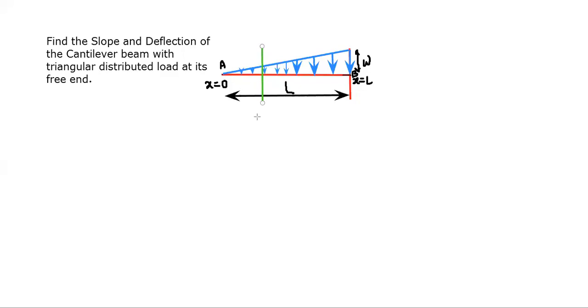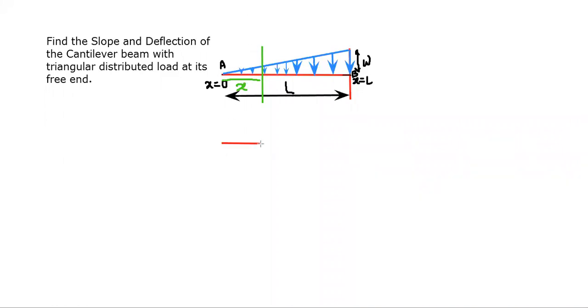Let's take a section of the beam here, such that the distance from x equal to 0 to this position is x. Once we have taken the section out, this section will look like this.